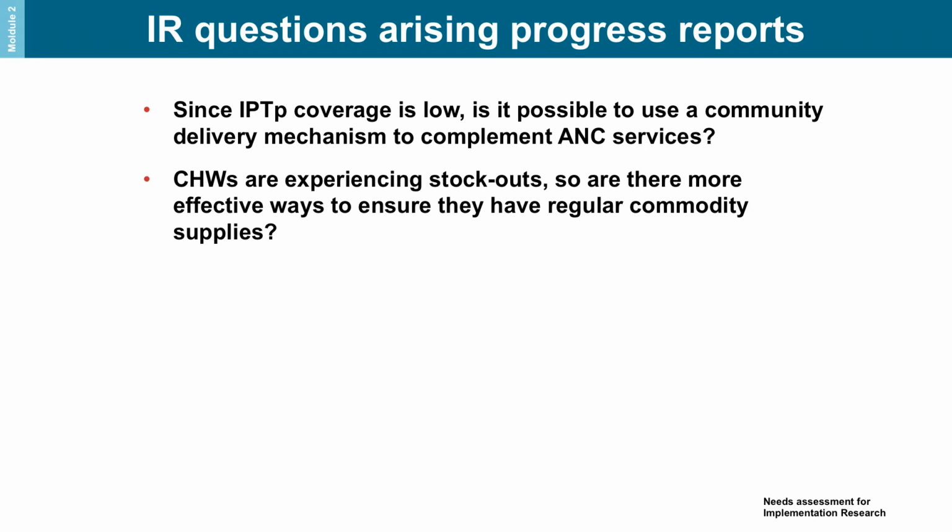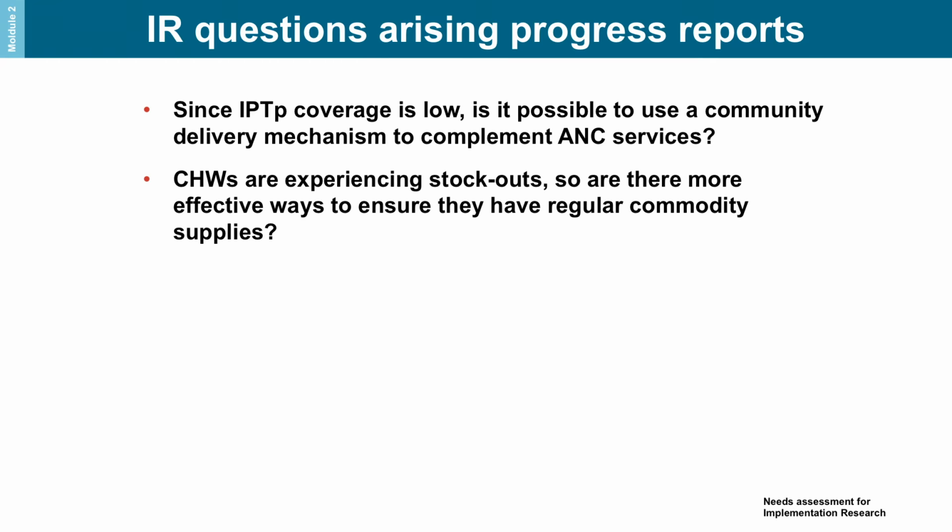One of the biggest challenges that all health services face, and again, you saw this in the last module, is stock out. And sometimes clinics don't receive enough stock for themselves, let alone to distribute to community health workers for community case management.